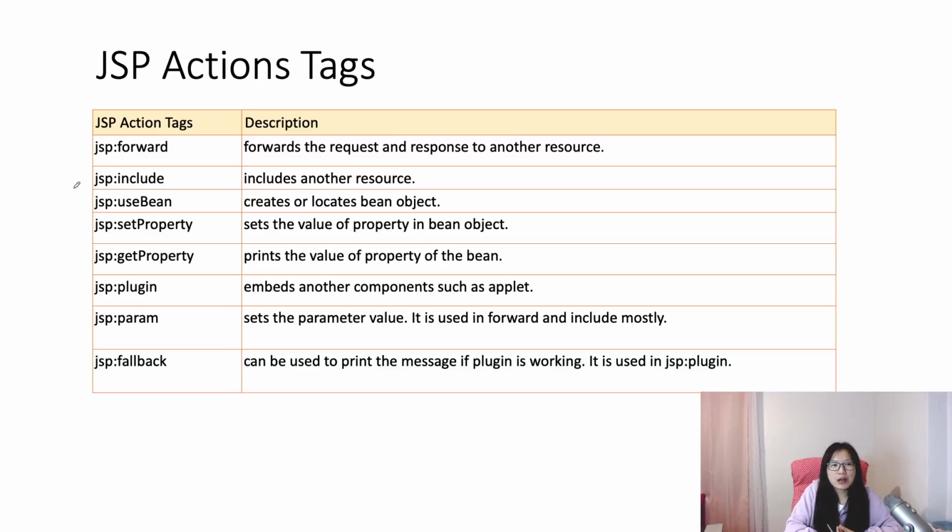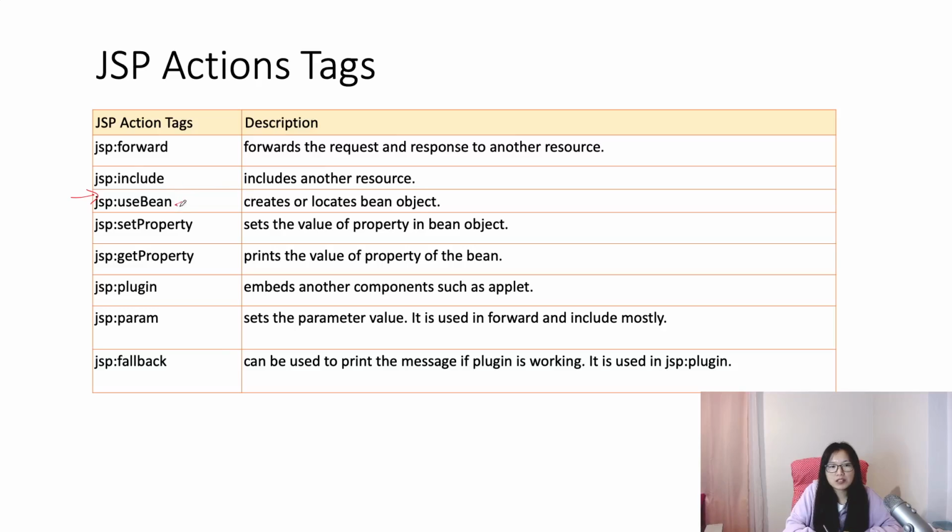It's not good to do forward in post, sorry. We will talk about jsp:include, which includes another JSP file. It is very similar to the include directive, but it's different. We will talk about useBean, which can be used to create or locate a bean object.